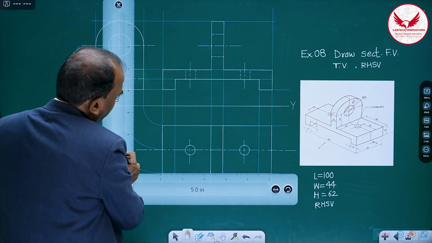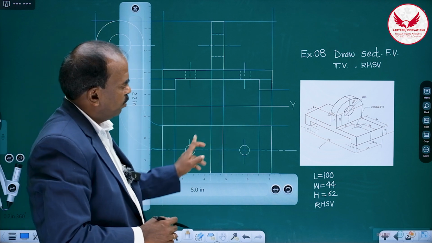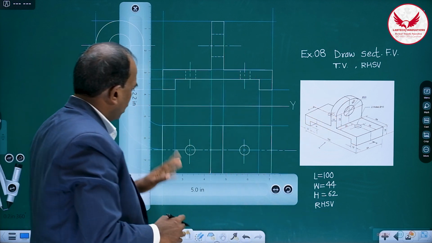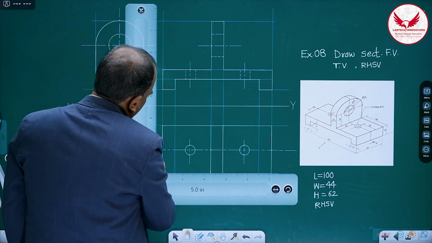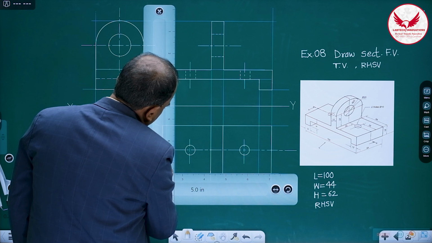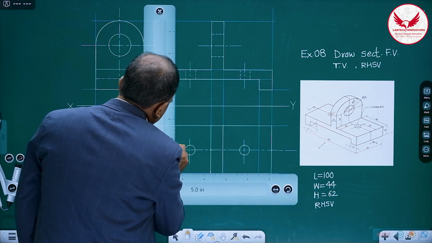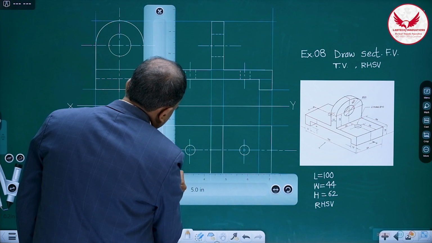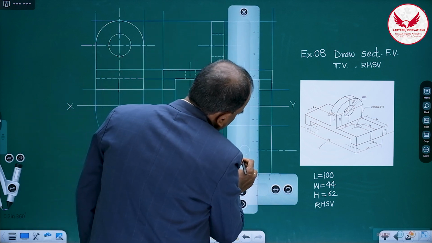It is also 44. So this is the visible portion: 3 rectangles. 1, 2, 3. Then afterwards, the dotted portion for this slot. Whatever portion is there, that rectangular slot is going to be dotted. Similarly, on the right hand side also.